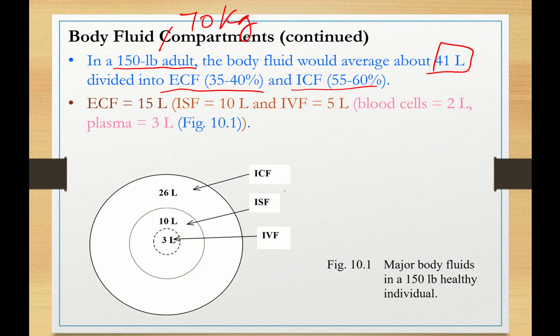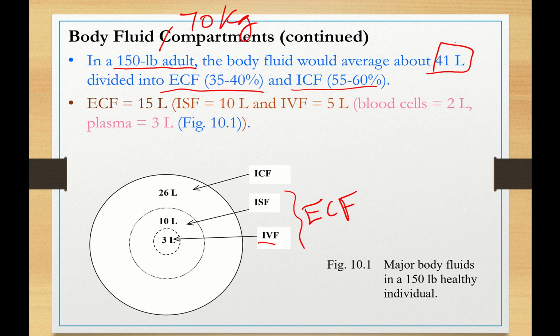We see that the interstitial fluid and the intravascular fluid, this is the central circulation obviously, is about 13 liters. We have 2 liters of blood. So this is the extracellular fluid. So the extracellular fluid is further divided into interstitial fluid and intravascular fluid.